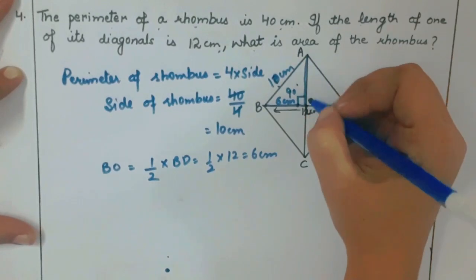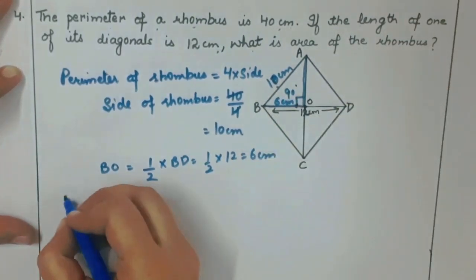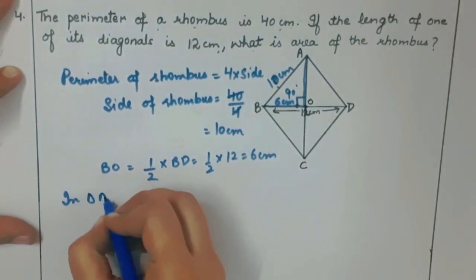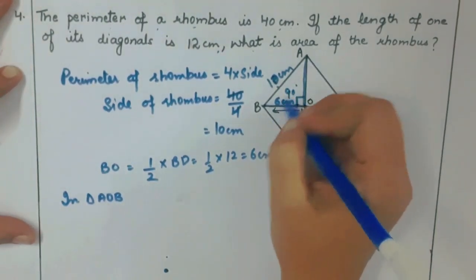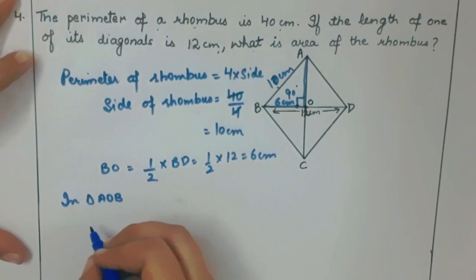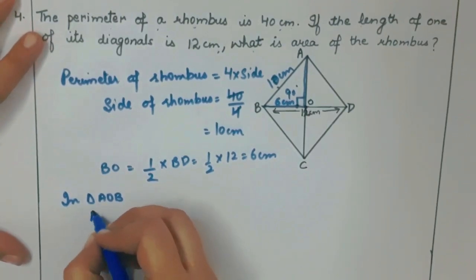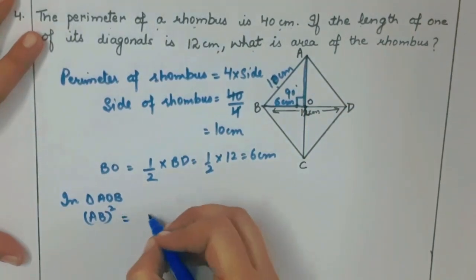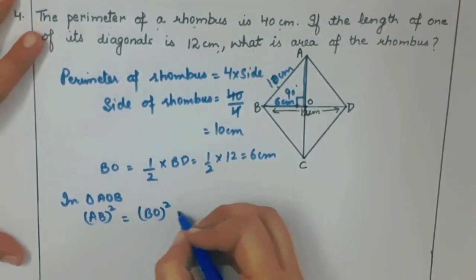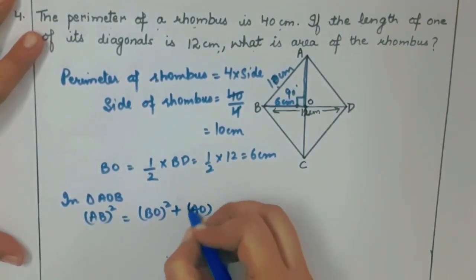Now we have to find out AO. Now in triangle AOB, we use Pythagoras theorem. Hypotenuse square, that means AB square, is equal to BO square plus AO square.